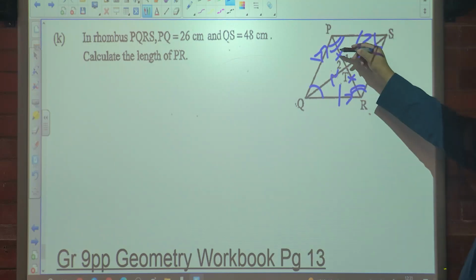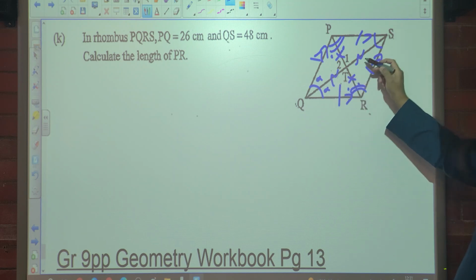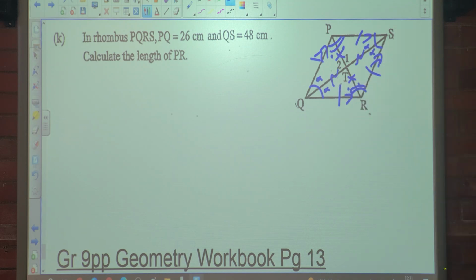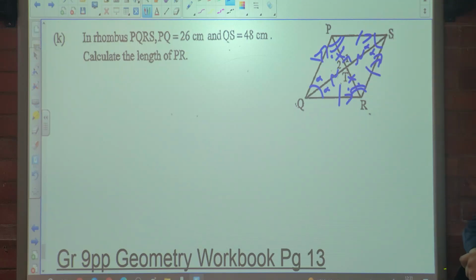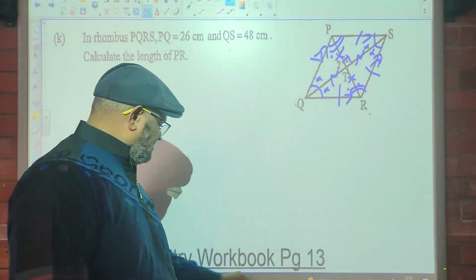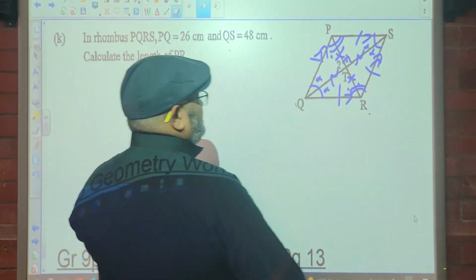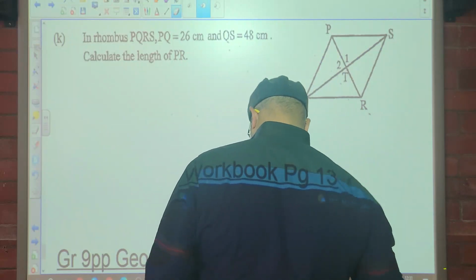Diagonals bisect vertex angles, so those are equal. Diagonals are perpendicular. We do all six now. So those things must be jumping out at us.